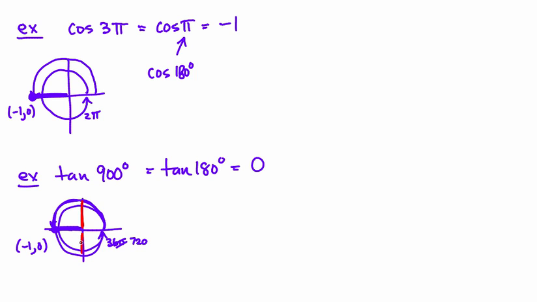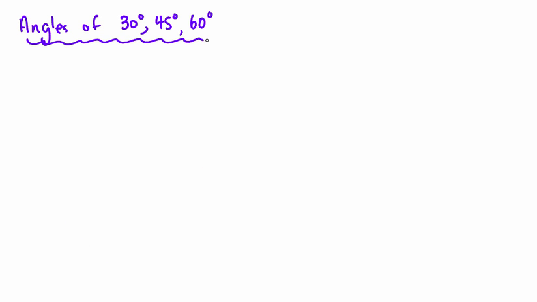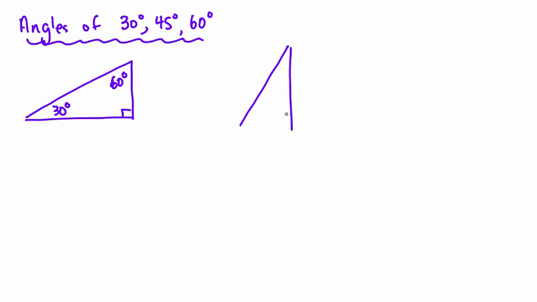Okay, let's take a look at some angles besides these ones that are special. Angles of 30, 45, and 60. There are two special triangles that you need to know. One of them is a right-angled triangle with 30 and 60 degrees inside it, and another is a right-angled triangle that has two sides the same, therefore these are both 45 degrees inside it.